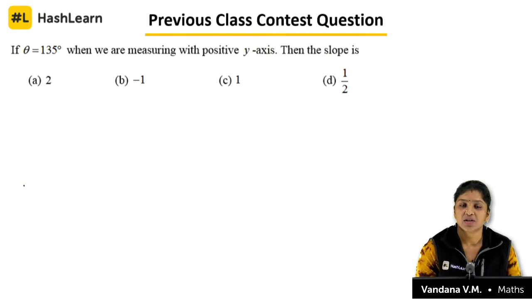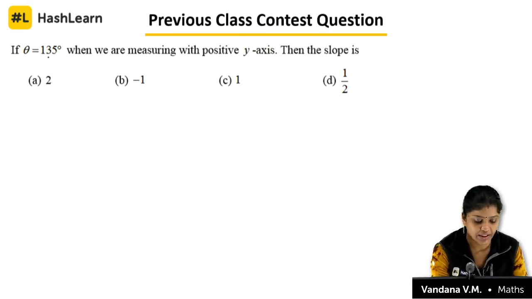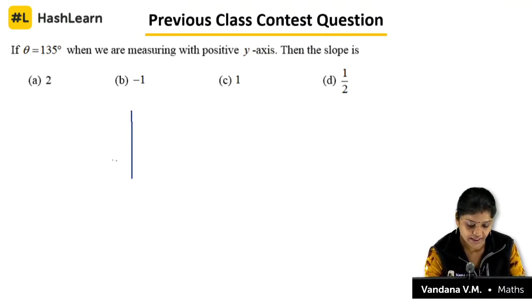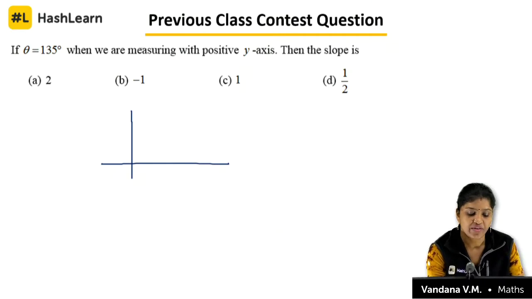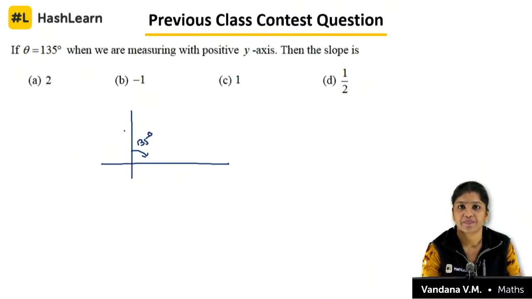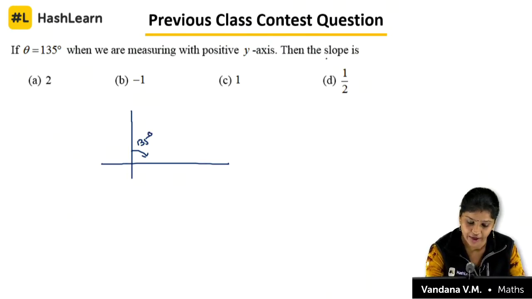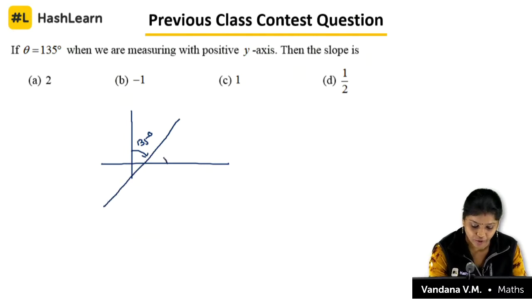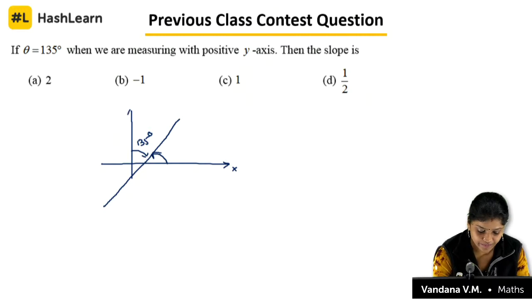Yes, previous class contest question. So theta, see what I said. When we are measuring with the positive y-axis, the angle is 135 degrees. Now I would like to find out the slope value. So inclination means I have to measure with the positive x-axis.